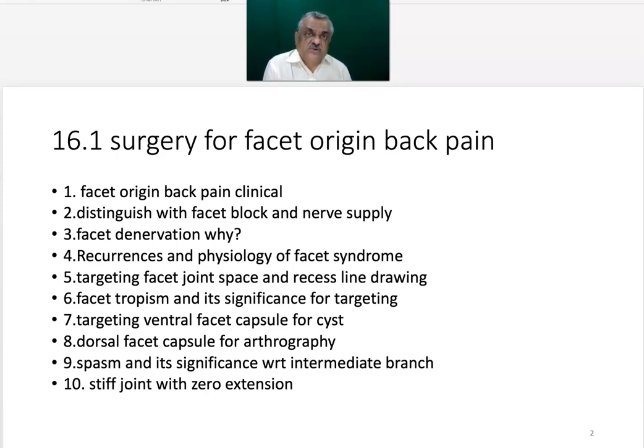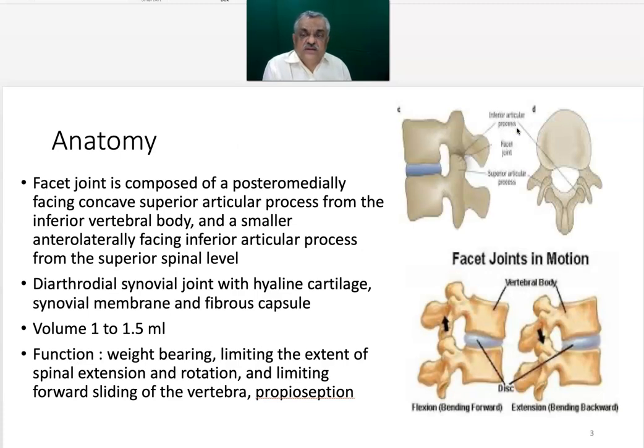In patients who have ankylosing spondylitis or rheumatoid arthritis, rheumatoid of course commonly seen in the cervical spine, ankylosing commonly seen in the lumbar spine, the patient will have zero extension or zero movement of the facet joints. So after this initial introduction, let's go to the anatomy of the facet joint.